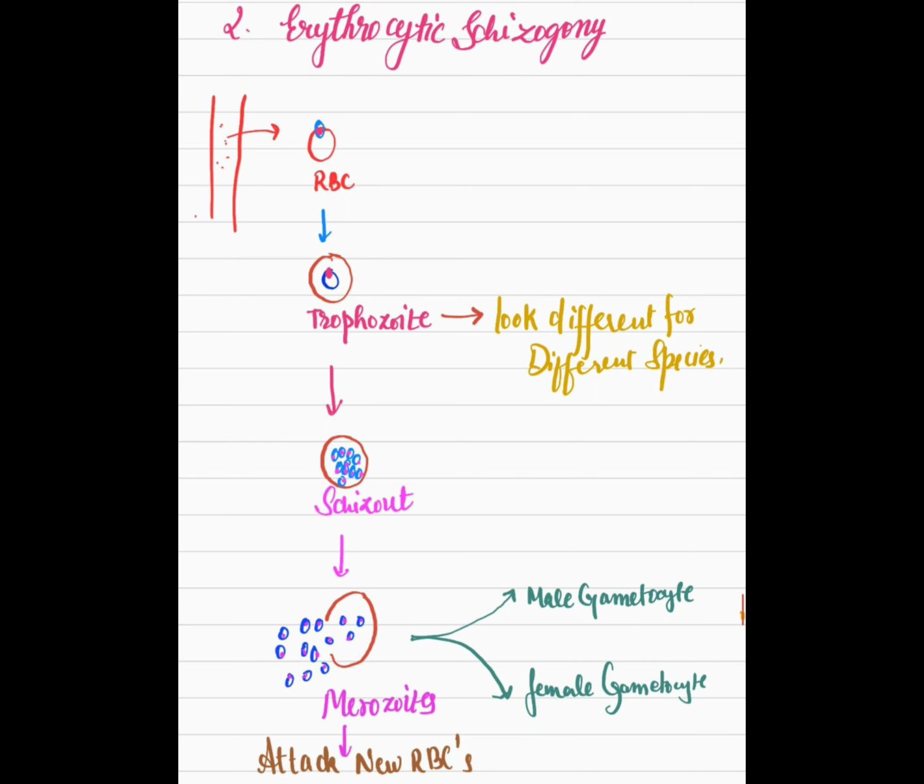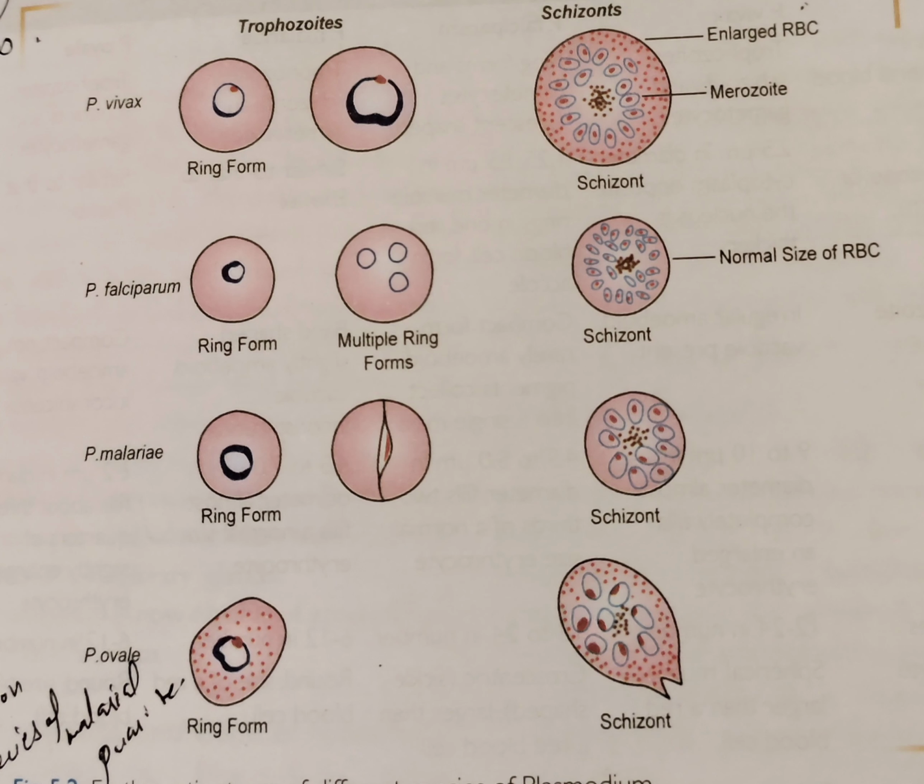Inside the RBC, they will pass through the stages of trophozoite, then schizont, then merozoites. The trophozoite is very specific because it looks different for different species. We will discuss that. These merozoites also contain male and female gametocytes. Merozoites can attack new RBCs or they will be picked up by the mosquito and further development will take place.